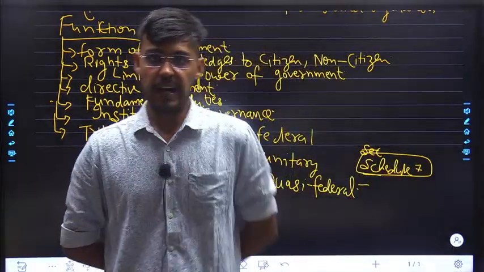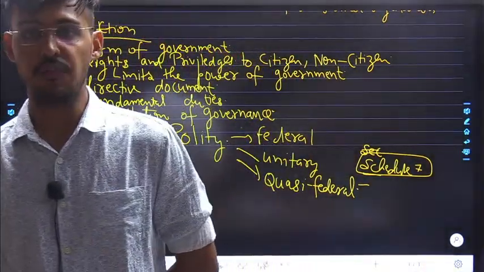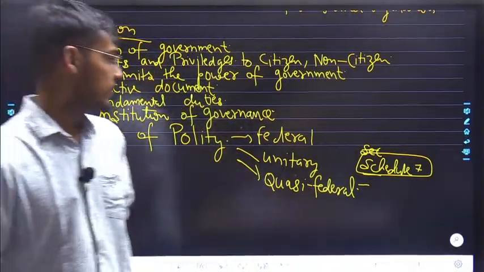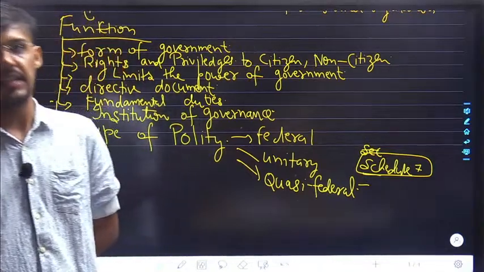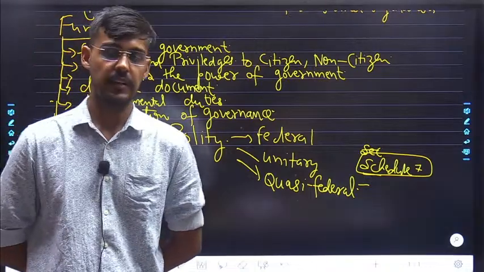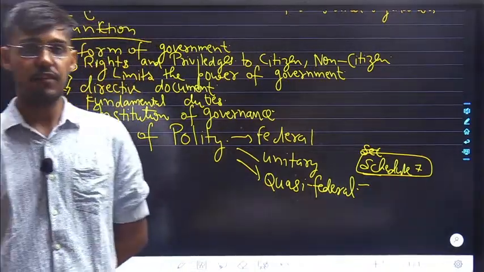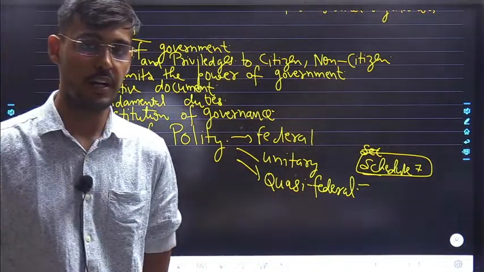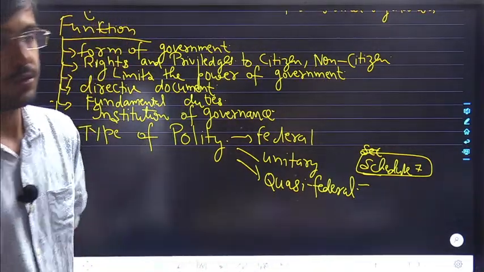This schedule defines or demarcates the limits of each type of government. For example, there is a union list, there is a state list, and there is a concurrent list. These are respectively called list 1, list 2 and list 3 in Schedule 7 of our constitution. So Schedule 7 is an example of the federal type of polity in our constitution.